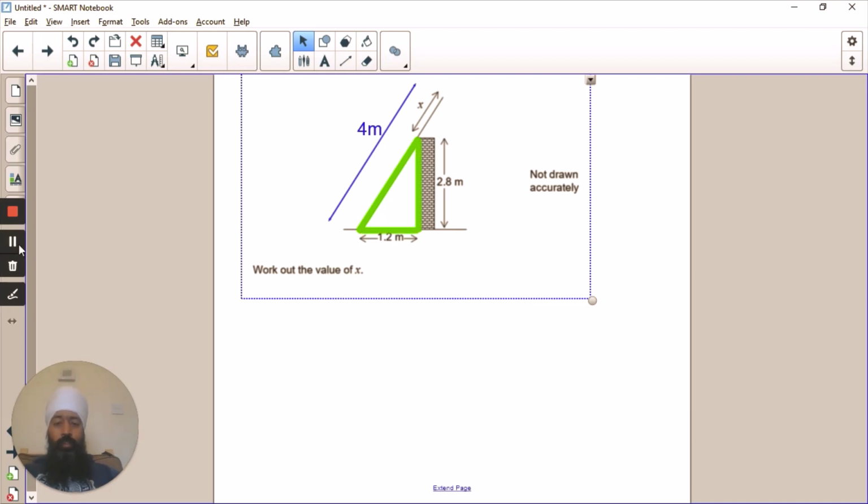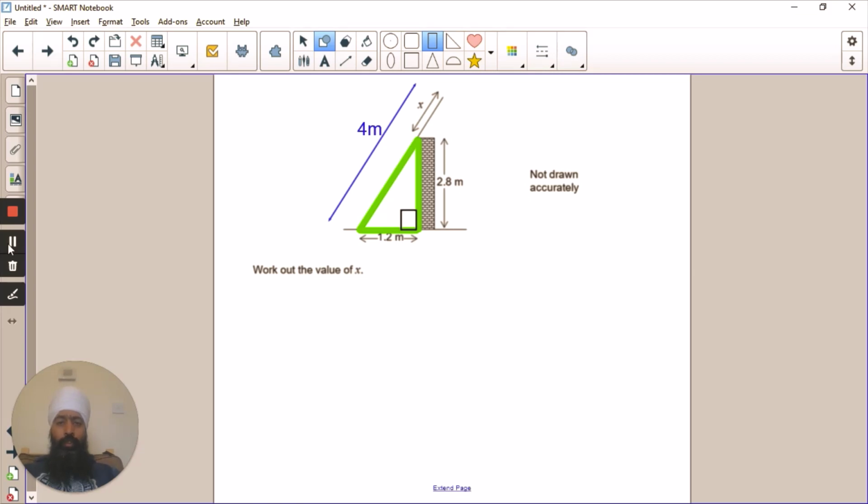Now that's important because that little green part of the ladder is part of the triangle, which is made from the floor, the wall, and that part of the ladder. And that triangle is important because it is a right angle triangle. I know 2 lengths, so I can work out the third length using Pythagoras.